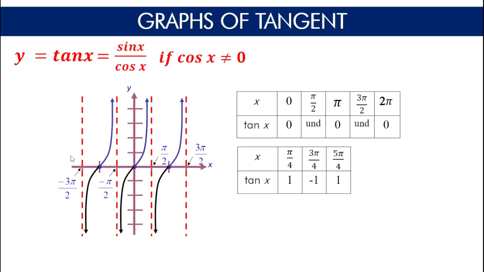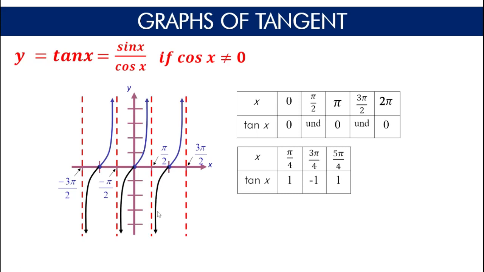And then to identify its nature, pi over 4 comma 1. So we have this one, then extend it and approach the vertical asymptote. For 3 pi over 4, that is negative 1. So this one is here.